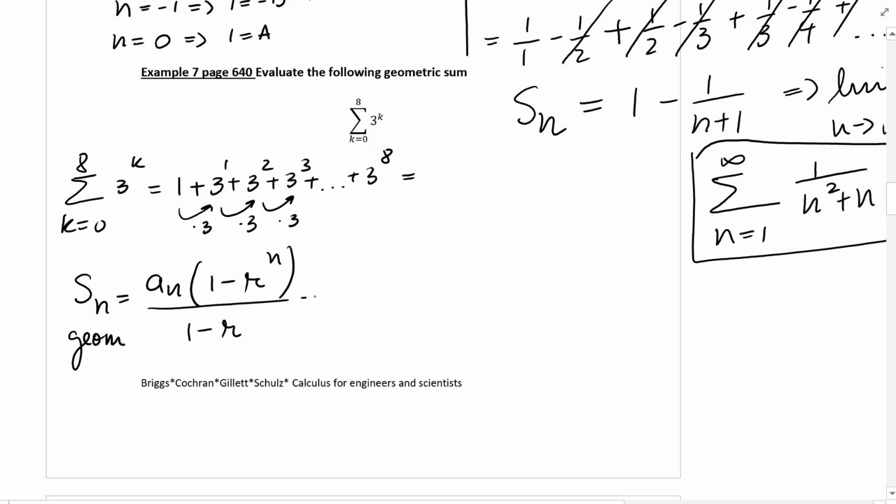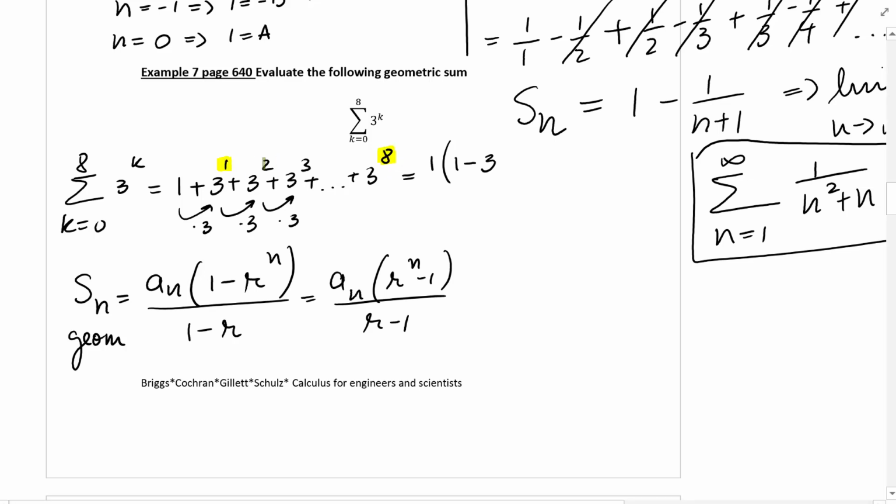I usually use this: a sub n equals r to the n minus 1 over r minus 1. It's the same thing. So in our case, the first term is 1. Then 1 minus 3, the common ratio, to the n, the number of terms. So again, we go to the 8th power.